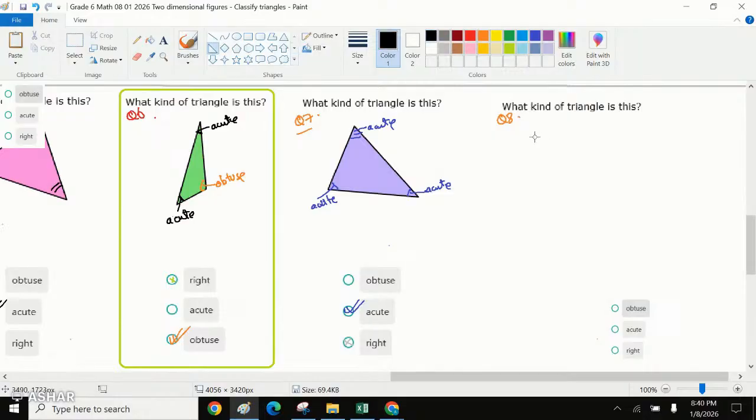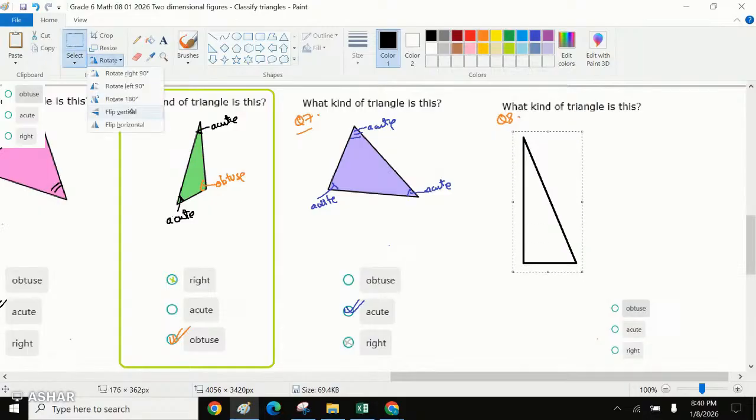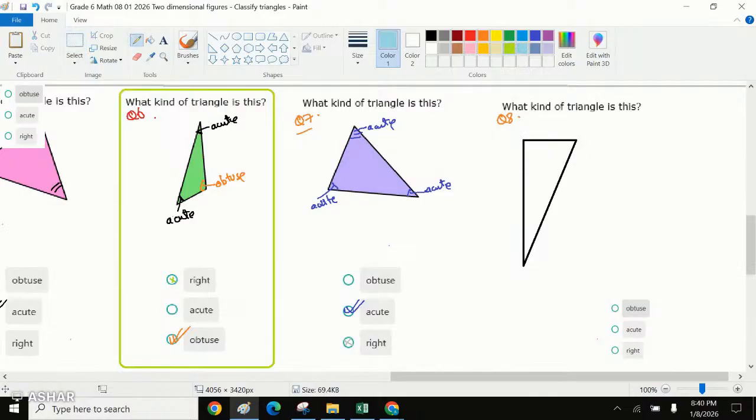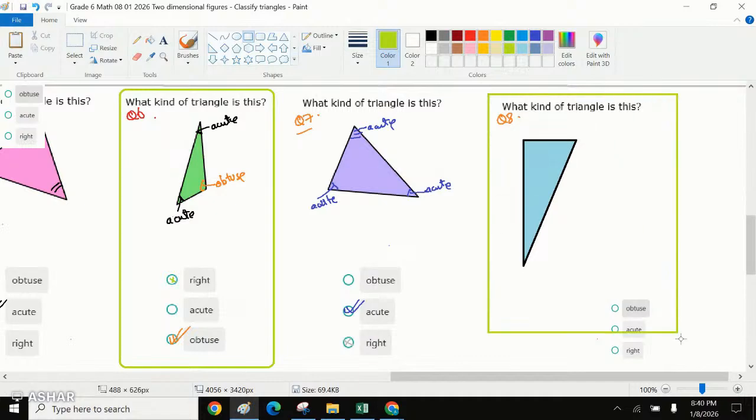If we have this triangle and we select this, and let's suppose we flip it vertically, so what kind of a triangle is this? In question number 8, what kind of a triangle do we see?